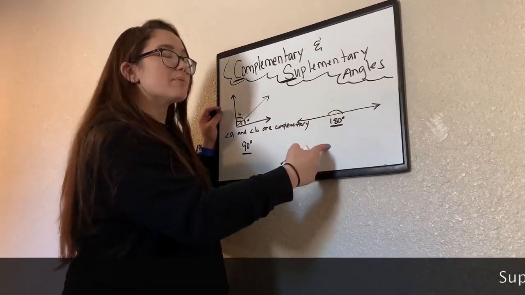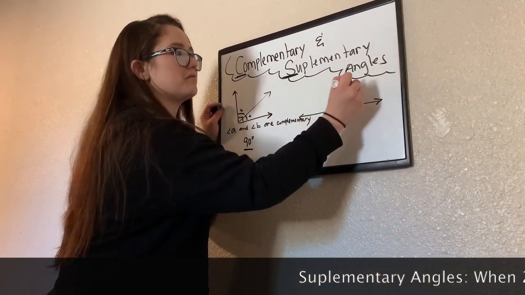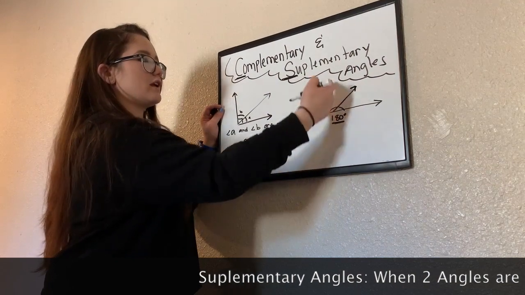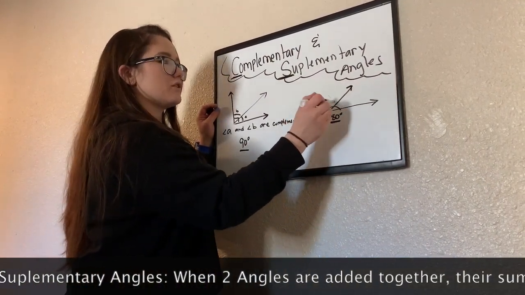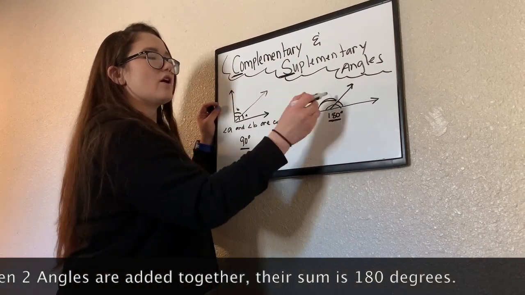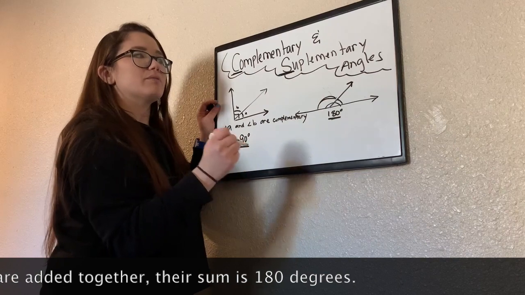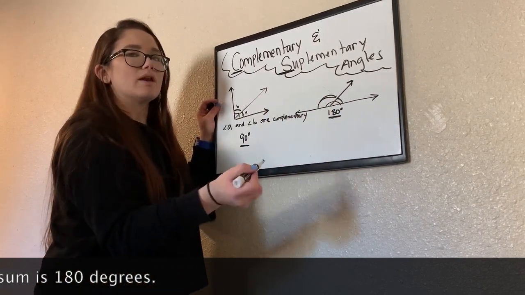Same thing with supplementary angles here. If I cut this anywhere, I could cut it here, I could cut it straight up, I could cut it this way, but that just means that this angle here and this angle here are supplementary angles because when you add up their sum, they would equal 180.